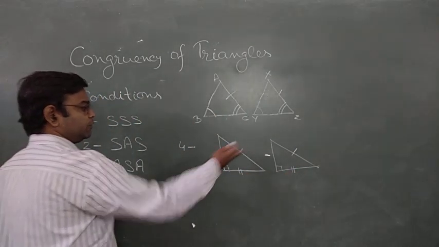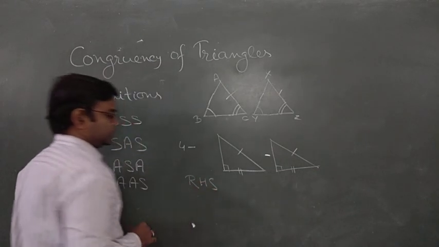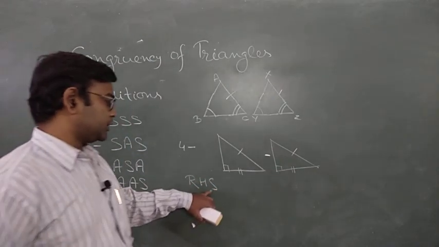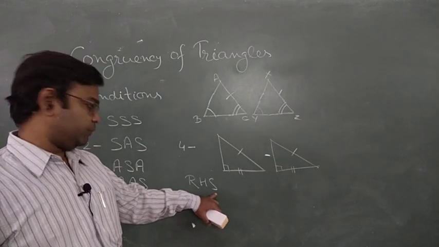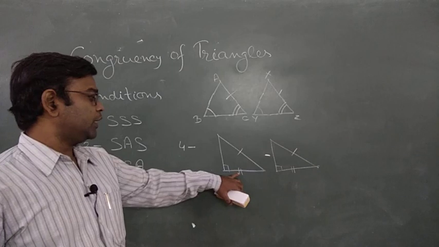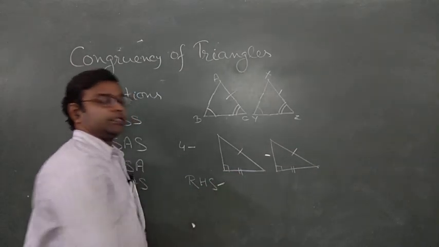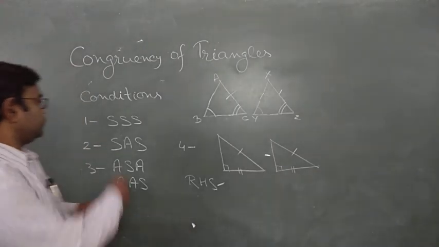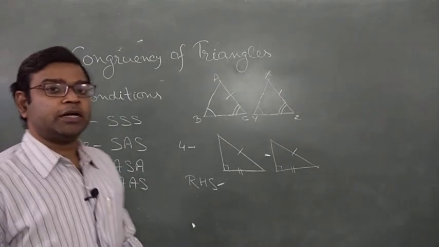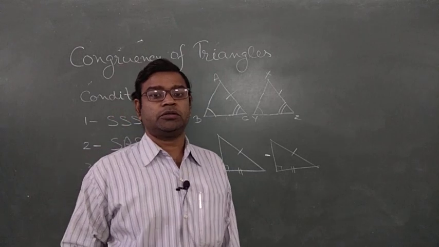Then this type of congruency is known as RHS congruency. Right angle, hypotenuse, and any one side equal. After the hypotenuse, if any one of the remaining two sides is equal, then it is known as RHS congruency. So we use all these points to prove whether two triangles are congruent or not. So let's start to solve some problems.